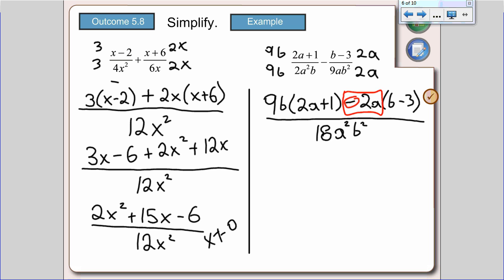So if we were to do that, the first one is easy. 9b times 2a would be 18ab. Then it's going to be plus 9b. But now, negative 2a times b is negative 2ab. Negative 2a times negative 3 is plus 6a.